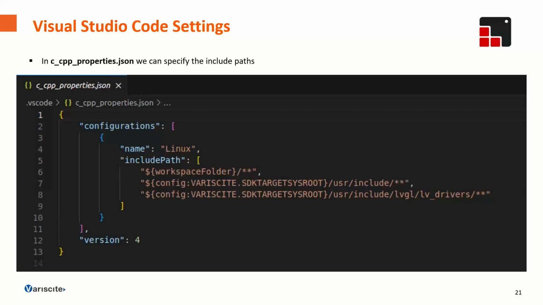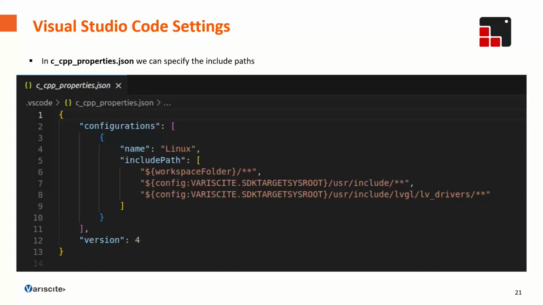Let's start with the C++ properties. Basically, this is just a list of include paths. Be careful: whenever you need to add a specific path, you may want to add the double star at the end, because this means that all the subfolders will be included.